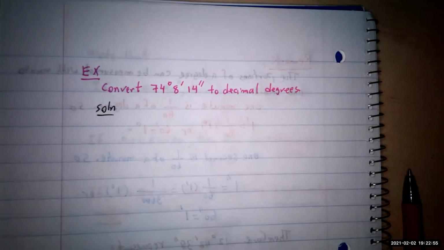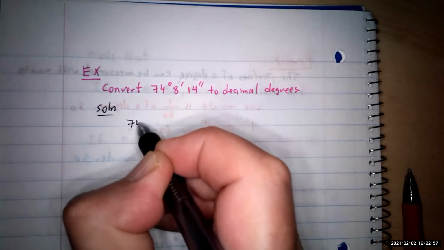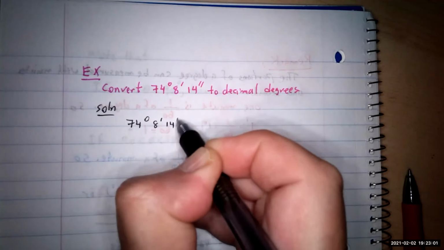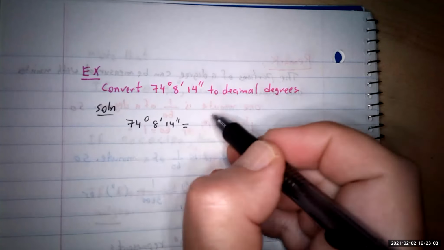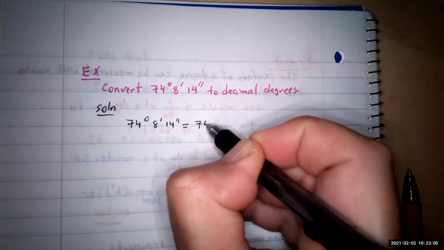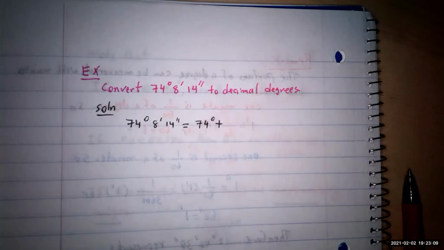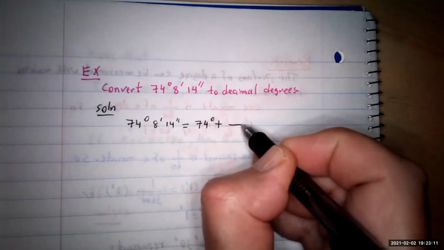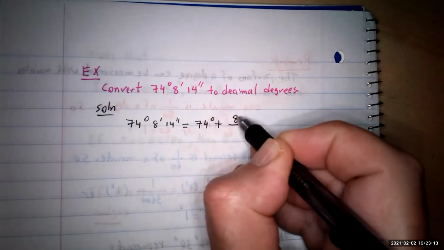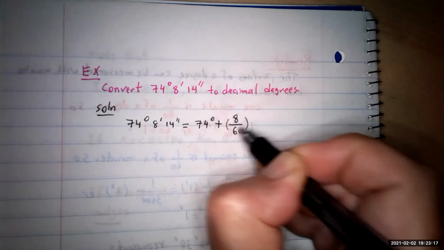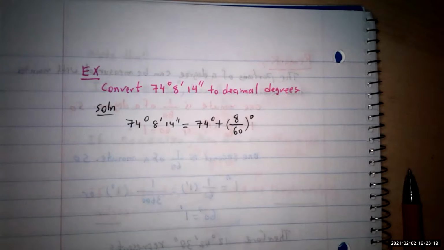So for the solution, we have 74 degrees, 8 minutes and 14 seconds. We write it down as 74 degrees plus 8 minutes. We change it to degrees by dividing, so it's going to be 8 over 60, and the unit is degrees.